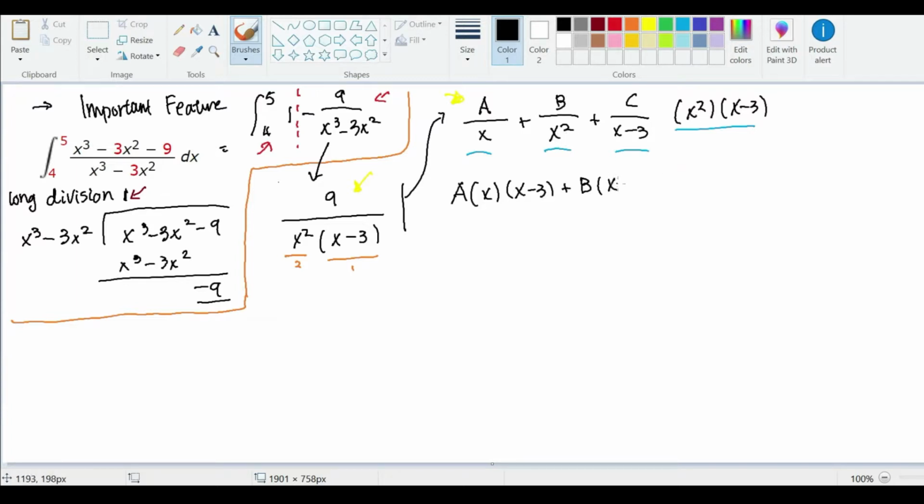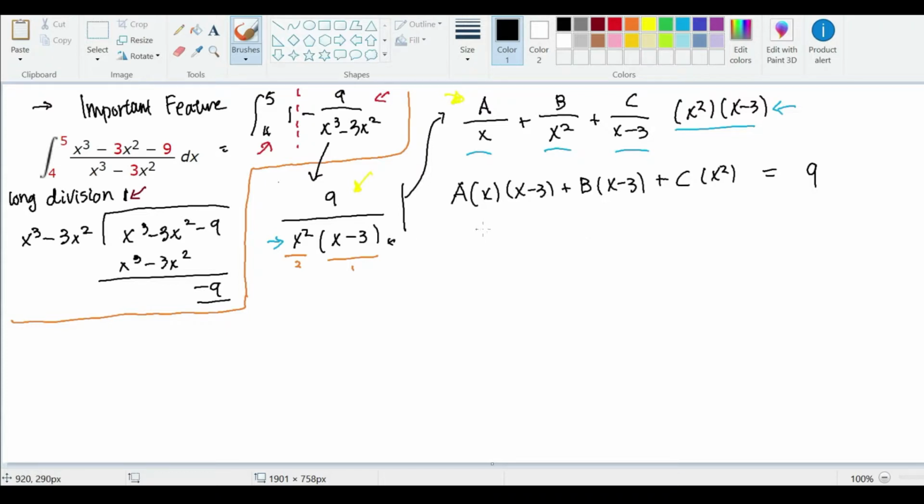So only x minus 3. I got this from the numerator, okay? And plus c, and x minus 3 cancels out, so only x squared, right? Equals 9, because this has to equal the numerator.